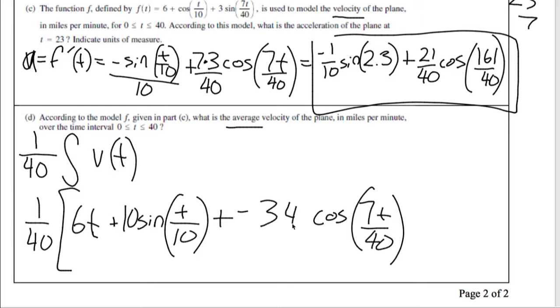Careful, 40 over 7. Exactly. The general idea, if you want to avoid taxman, is that when I take the derivative, the chain rule says I'm going to multiply by 7/40. To undo multiplying by 7/40, I have to divide by 7/40. Keep it, change it, flip it means I'm really flipping this to say 40 over 7 and multiplying it.